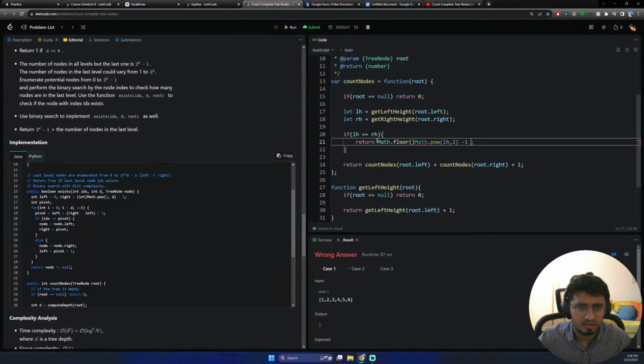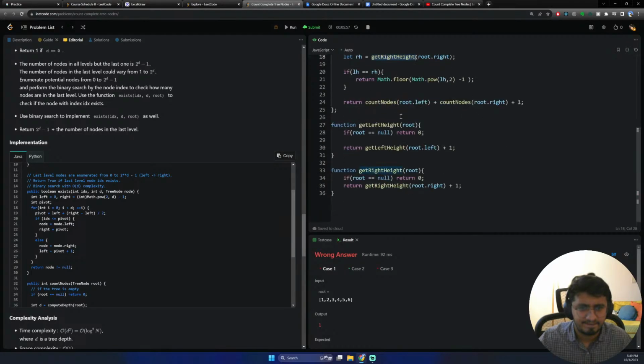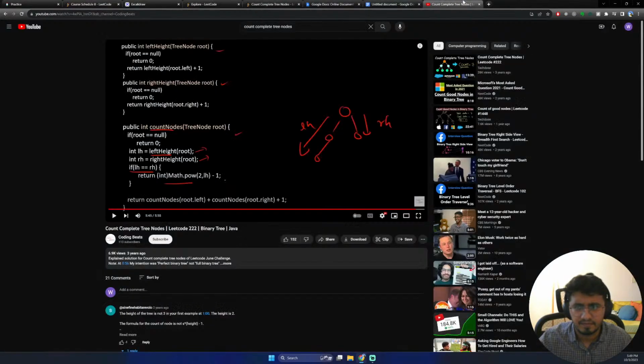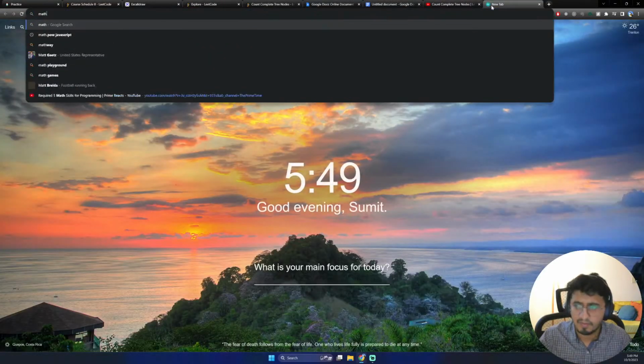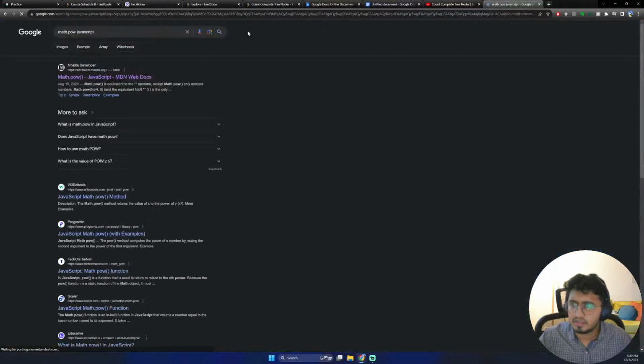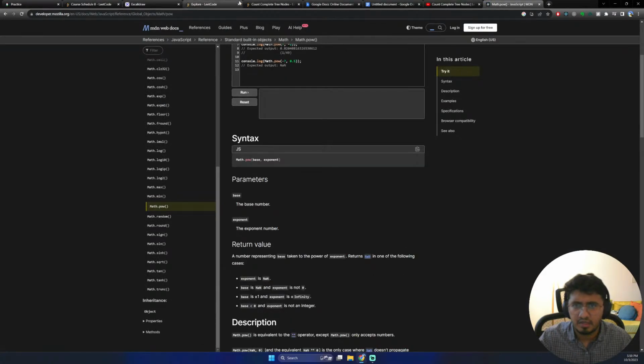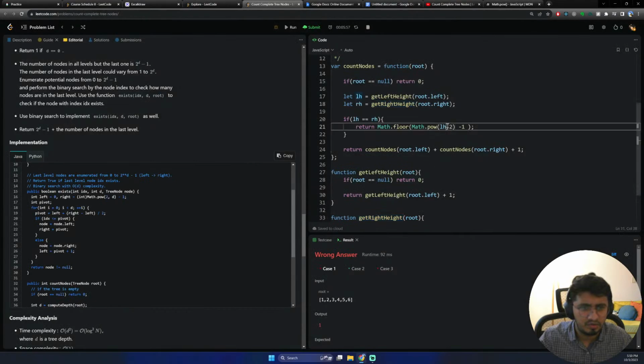Dot floor. JavaScript base and exponent, right? So I am using a wrong base and LH.